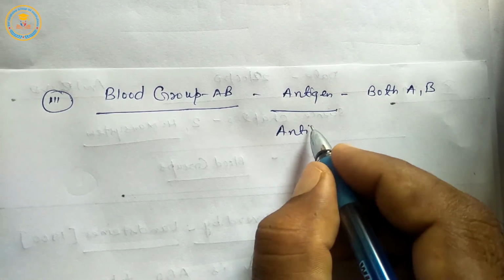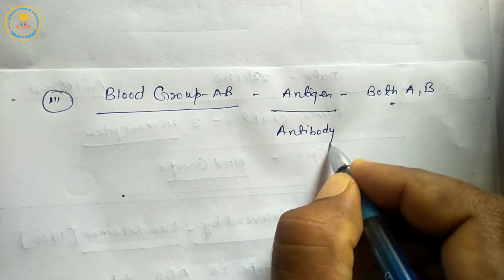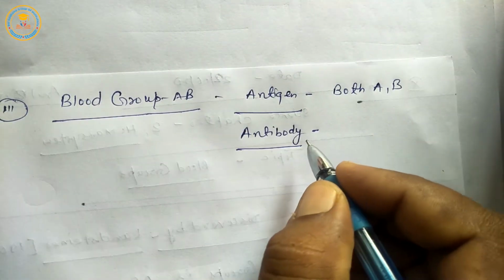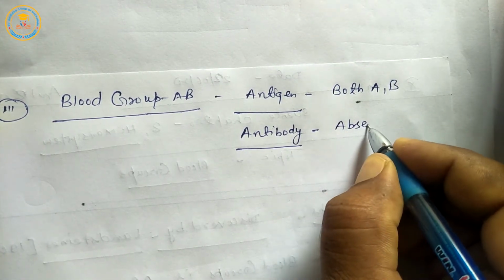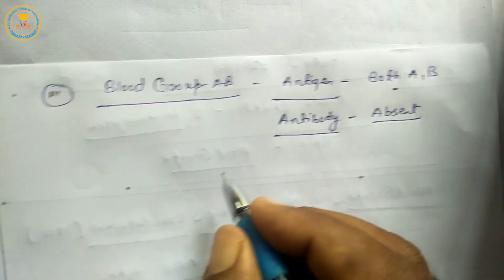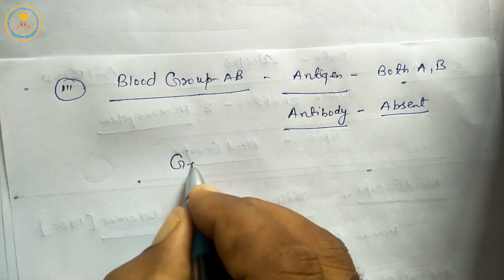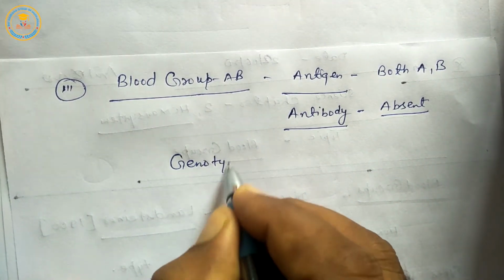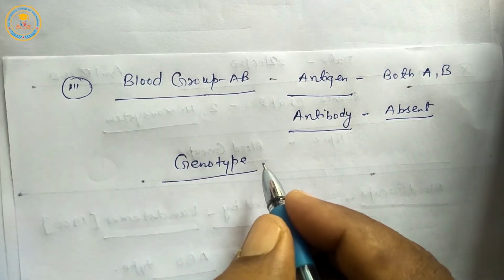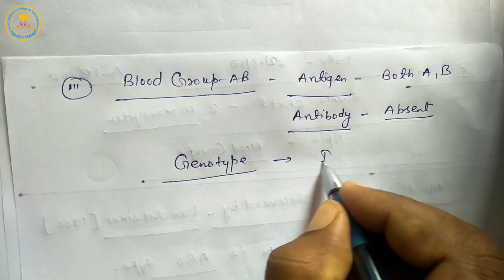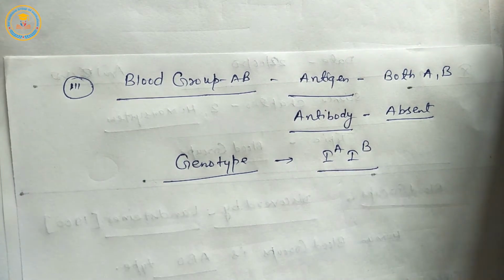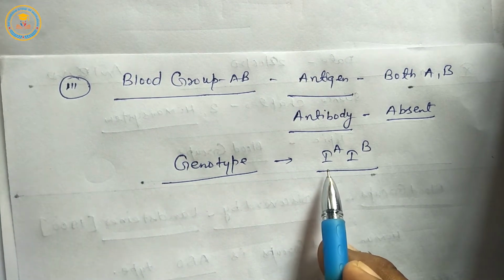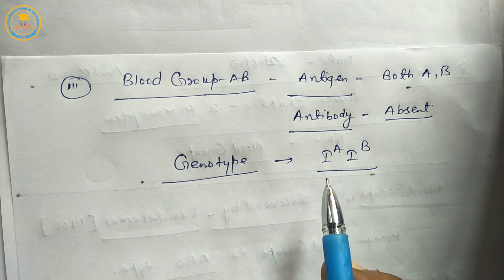Next, antibody located in blood plasma is absent. Next is genotype. Blood group AB has only a single genotype, IA IB. Students, I is a gene that controls human blood group.